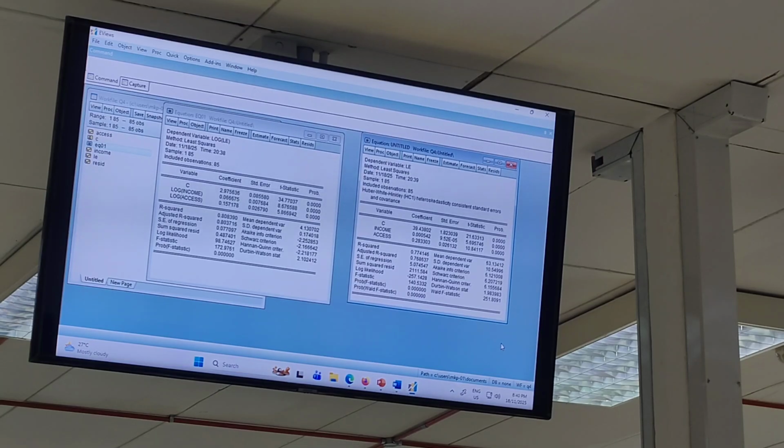So my suggestion is try not to use this standard error if the sample is not that large. So 85 maybe to some extent is able to help lessen it, but whether it solves the problem totally, I'm not that sure.